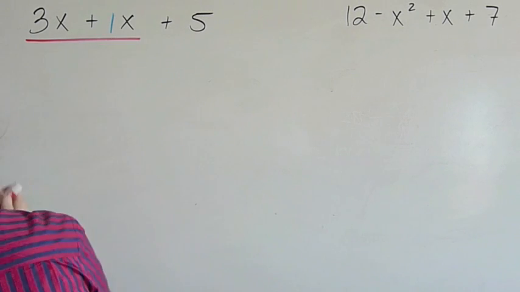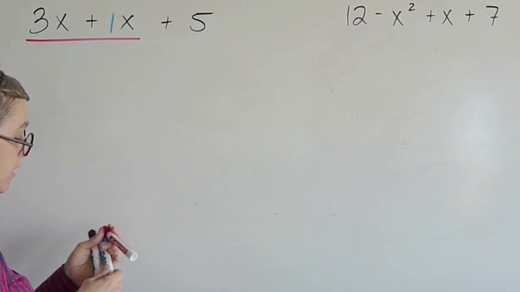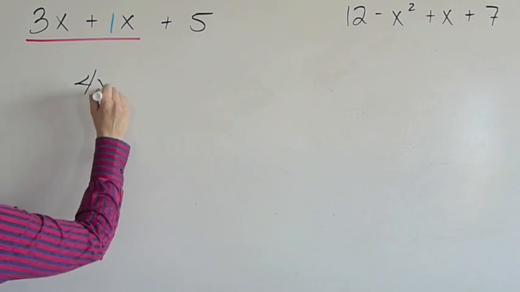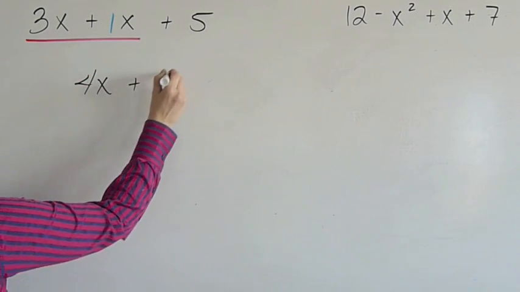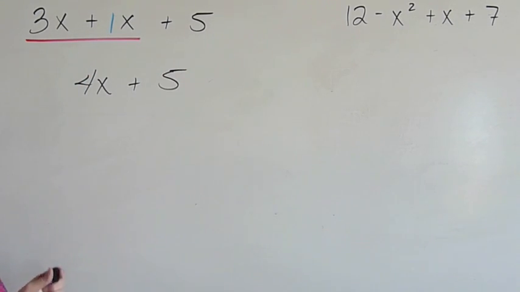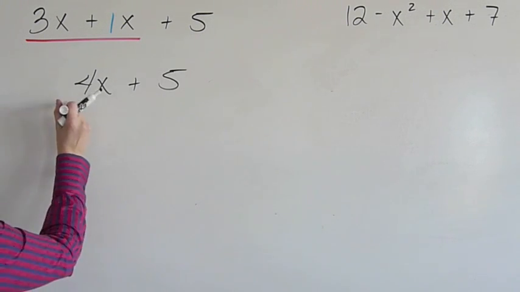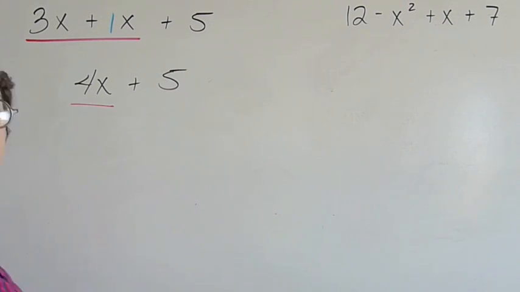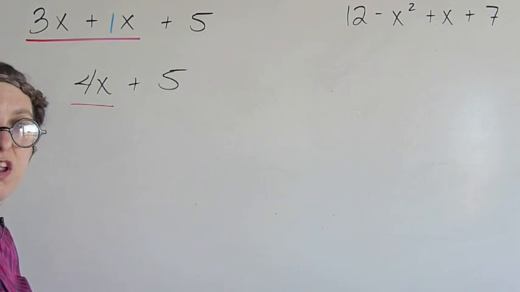So this 3x and 1x are going to be combined into a 4x. This 5 is just going to come along for the ride. It's not a like term. This is as simple as we can make this expression.